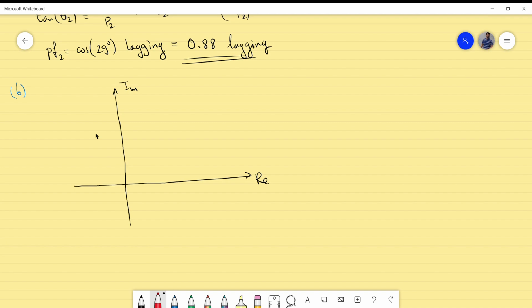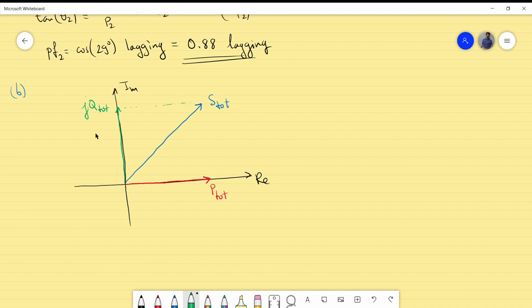I had the P total, this was originally, and I had an S total, that was originally, and there was also the Q total. This is what we had before the parallel element was placed.